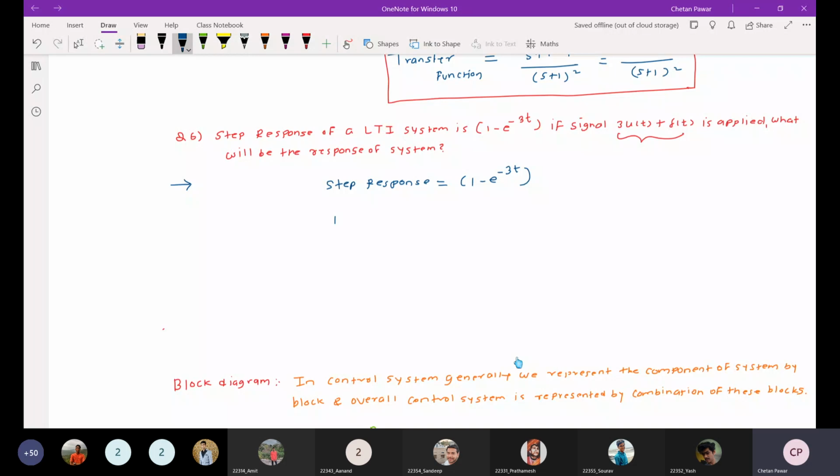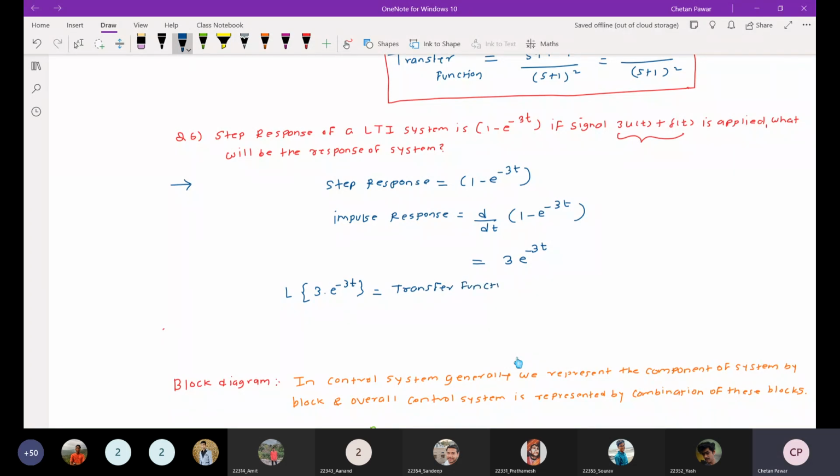So what will be the impulse response? The impulse response will be the derivative of this, which is 3 into e raised to minus 3t. If I take the Laplace transform of the impulse response, that is the Laplace transform of 3 into e raised to minus 3t, I get a transfer function.